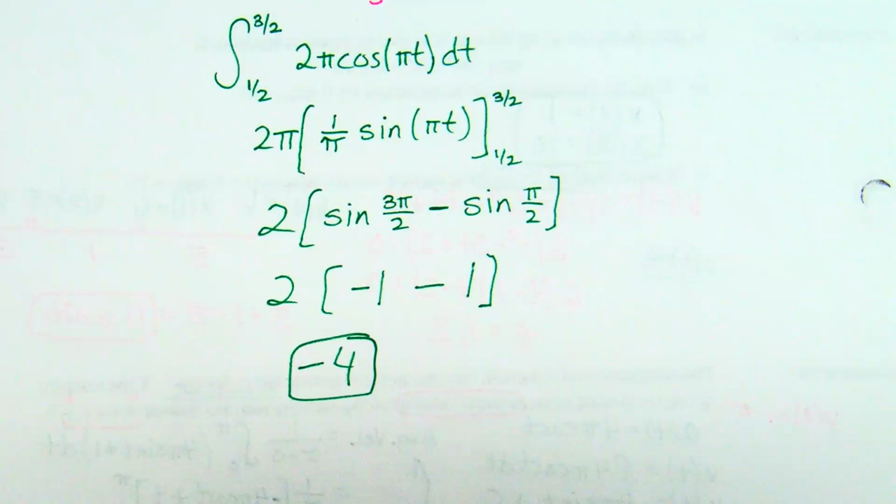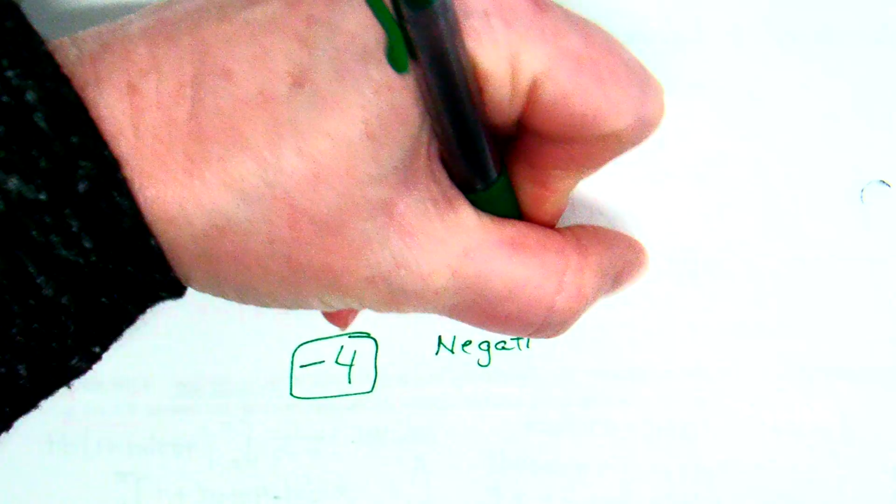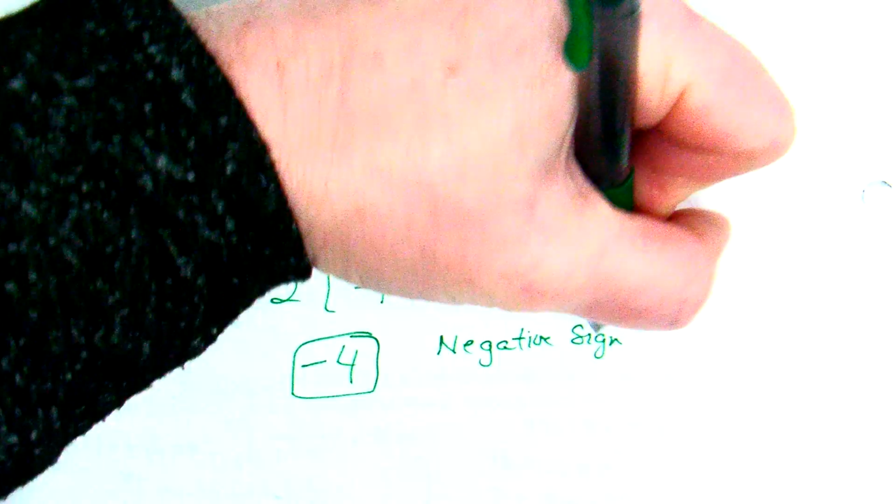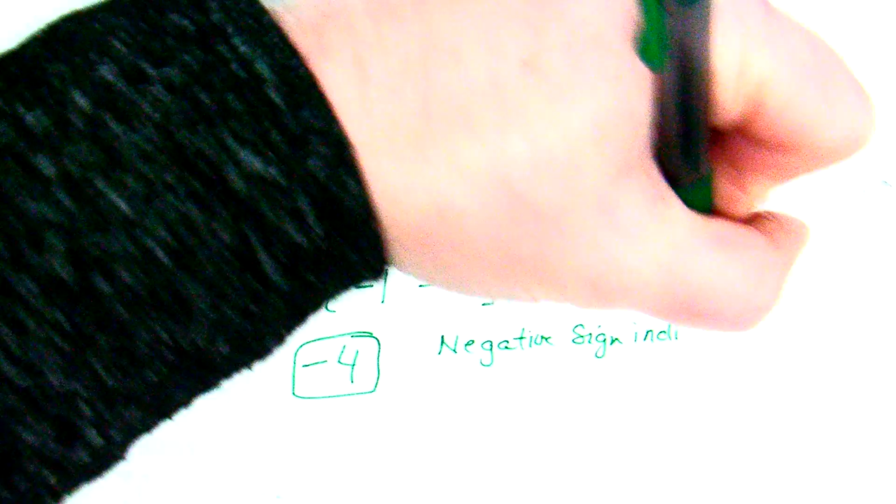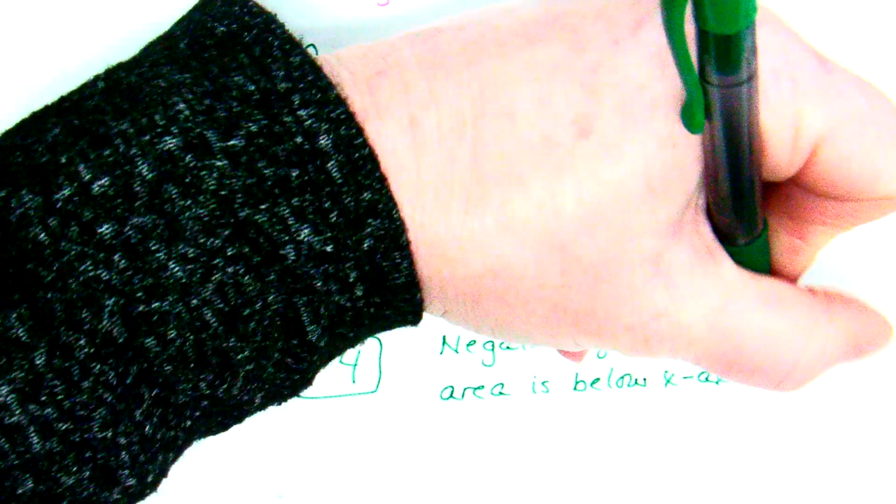And so that negative right there indicates the area is below the x-axis, so the particle moved left. And I'm going to write that down. Negative sign indicates area is below x-axis.